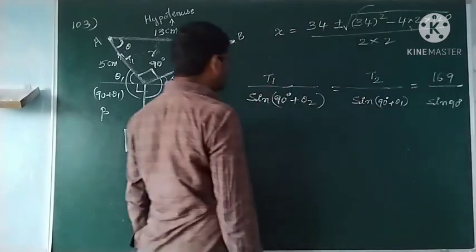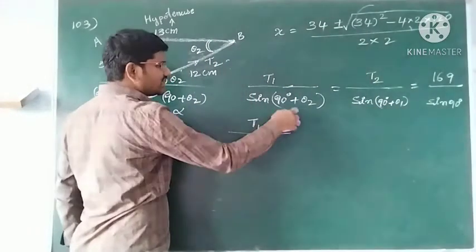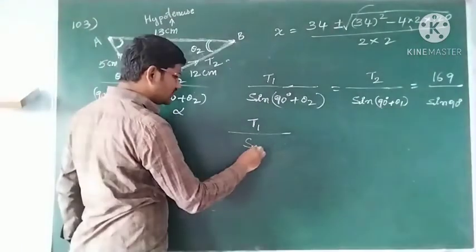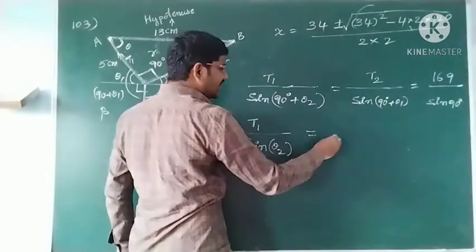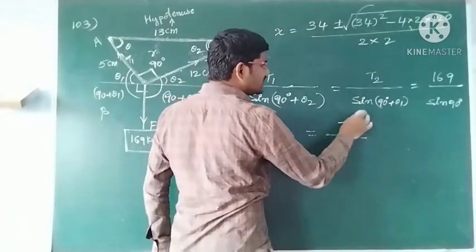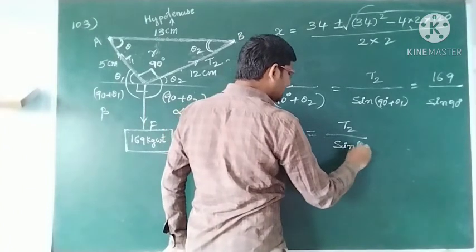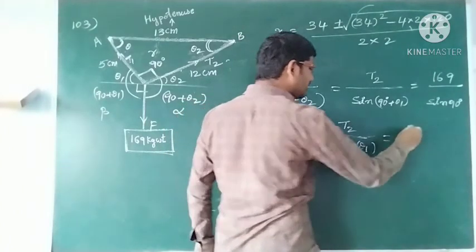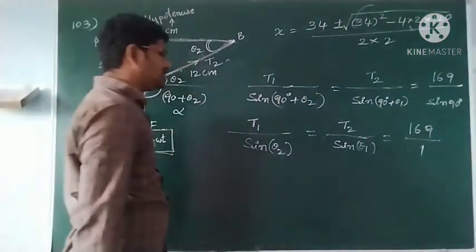So then what do you get? See, students, T1 by sin of 90 degrees plus theta 2, which is sin theta 2, and T2 by sin of 90 degrees plus theta 1, which is sin theta 1, is equal to 169 by sin 90 value 1.